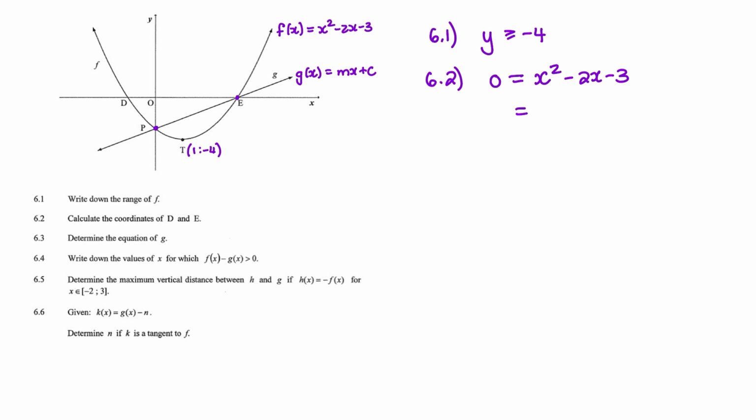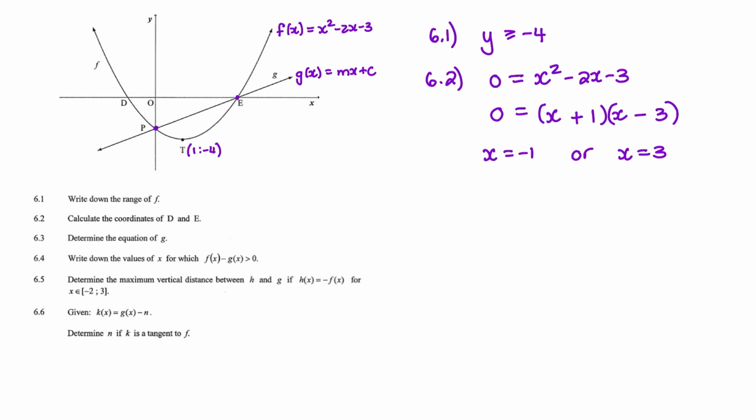And that's an easy trinomial to factorize. So if I split the factors of x², I have x, and the factors of 3 are 3 and 1. And I'm trying to create −2 in the middle, so my signs would be −3 and +1. Now if I solve for x, I have x = −1 or x = 3.